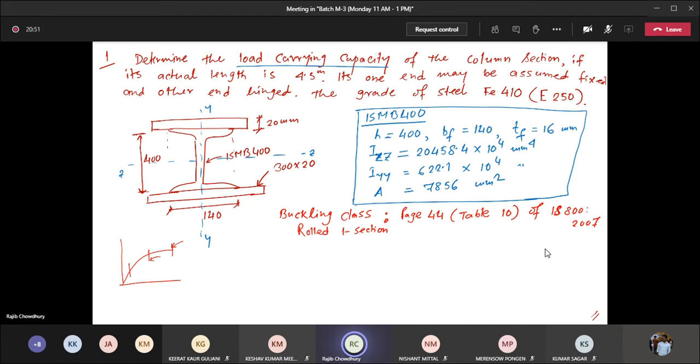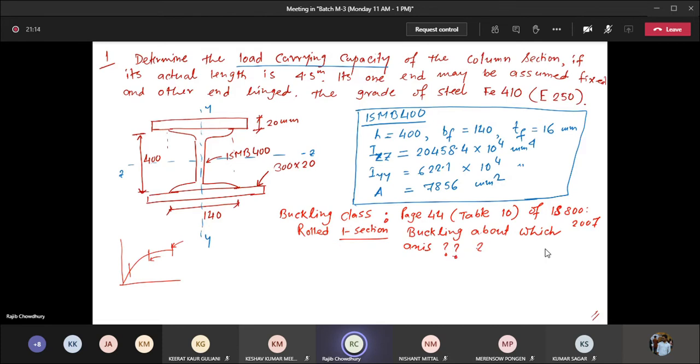For any particular cross section of this kind, the code has already specified the buckling about which axis. Buckling about which axis?